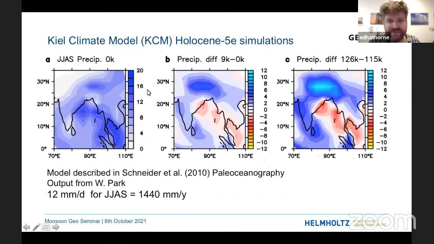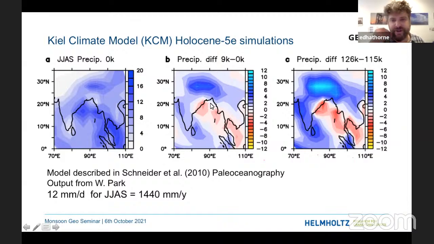Another way of looking at this is modeling results for the South Asian monsoon region itself. This is the model described in this paper, but Wong Song, my colleague from GMR, prepared this output for me. What we can see here is the difference between the peak Eemian, almost now, and you compare that to 9,000 years ago, the early Holocene.